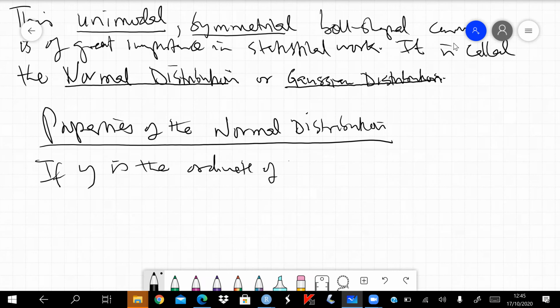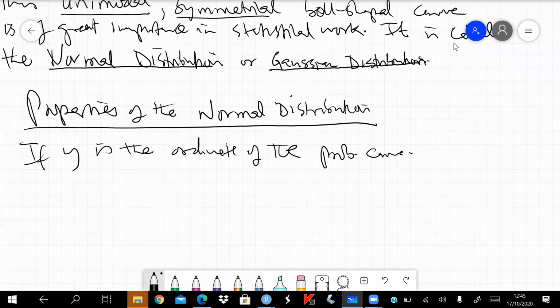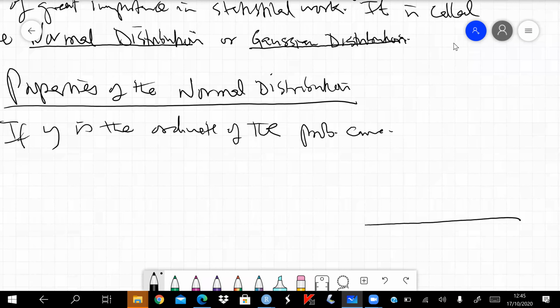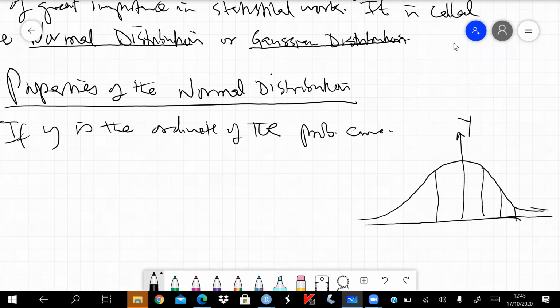Remember, what we are calling an ordinate, I think I explained that a little bit earlier. So if this is the probability curve, as you know, there is some vertical axis like this. So this is your y. So all these vertical lines here are called ordinates. And then this is your x. So these are what we're calling the ordinates.